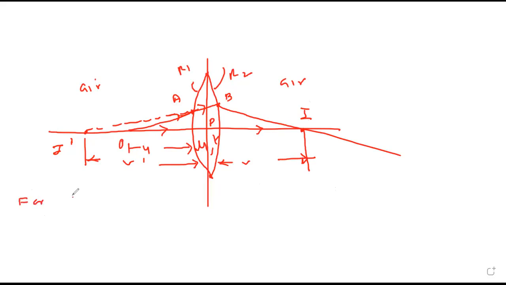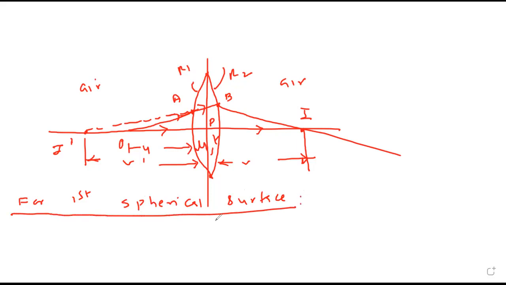Now for the first spherical surface, mu1 equals 1 and mu2 is mu, because the ray is going from air to glass. R is R1, u is u, and v is v dash.